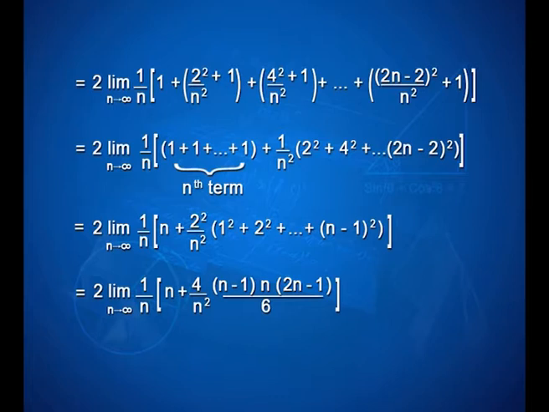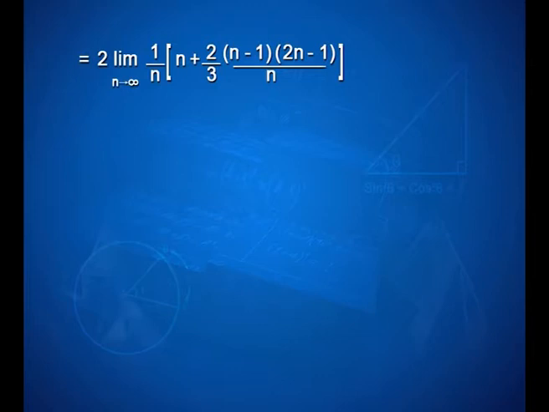That can be written as 2 into limit n tends to infinity 1 upon n into [n plus (2 upon 3) into (n minus 1)(2n minus 1) upon n].